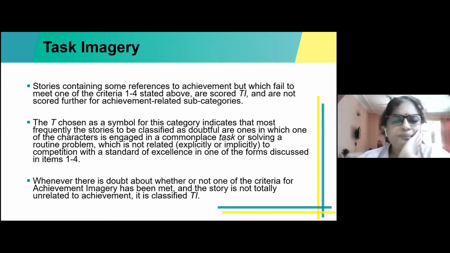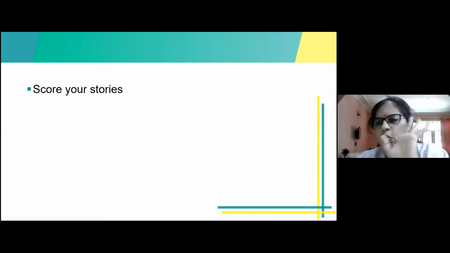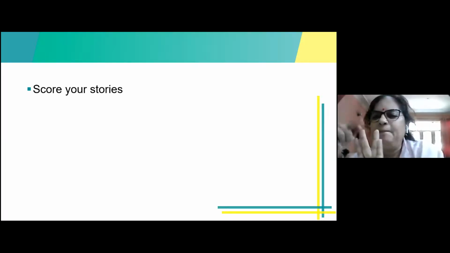You've understood? So you will score the stories which you have written, and you will be divided into groups of 4. You will take up one picture from each of the 4 stories which were shown of each person.